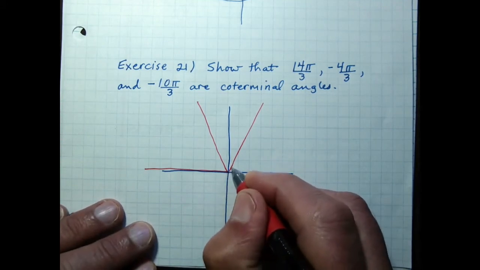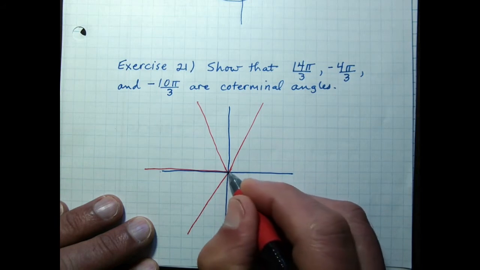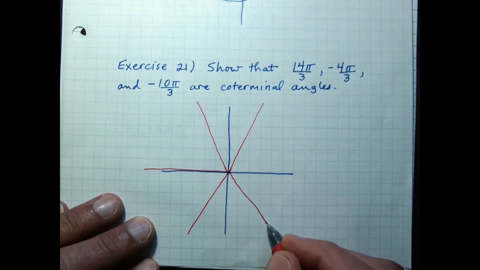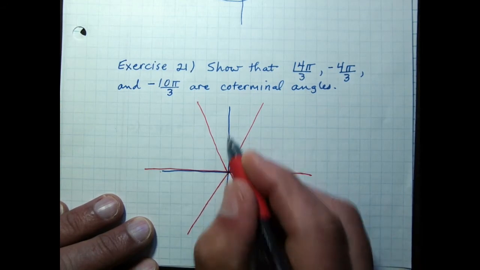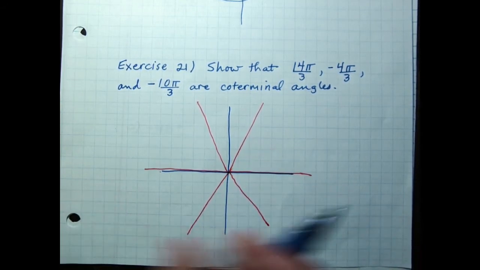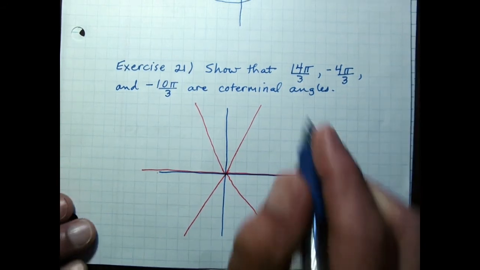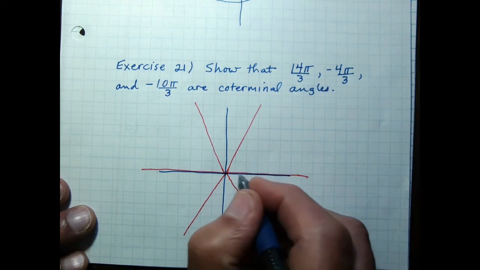So remember how we hit the x-axis with multiples of 60 degrees, but we do not hit the positive or negative y-axis. So 14 pi over 3, I'm going to think of as 14 times pi over 3.